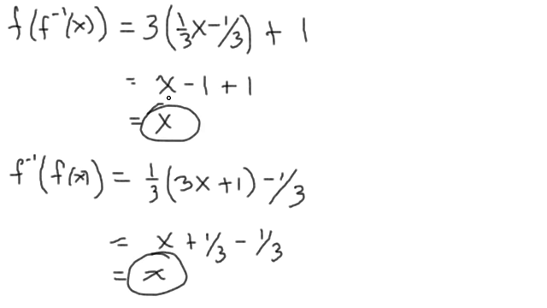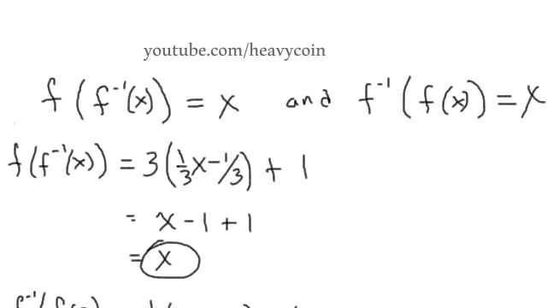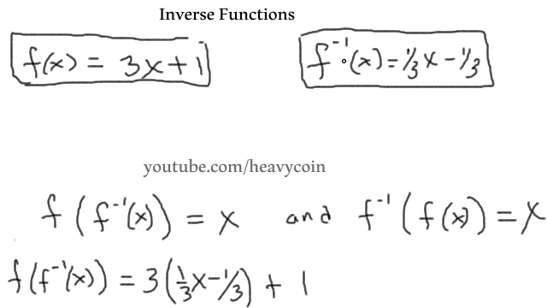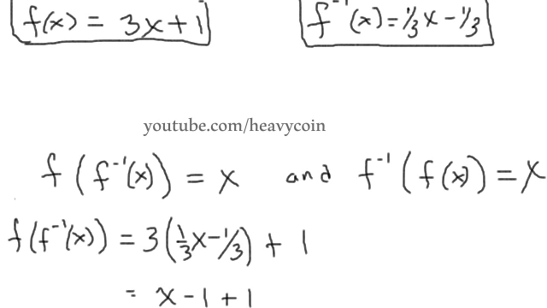So as you can see, they both condense down just to x, and that means that these two functions are inverses of each other. So if you're given two functions and you want to find if they're inverses of each other, this is the way to do it: composition of function.